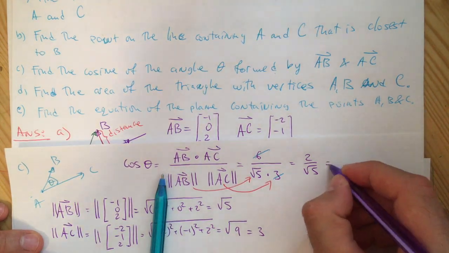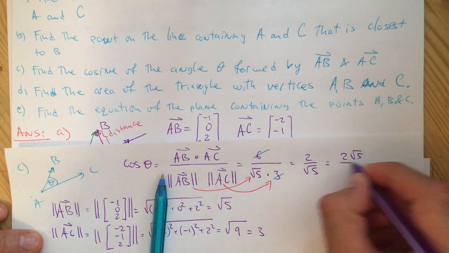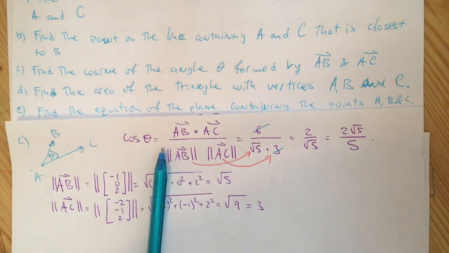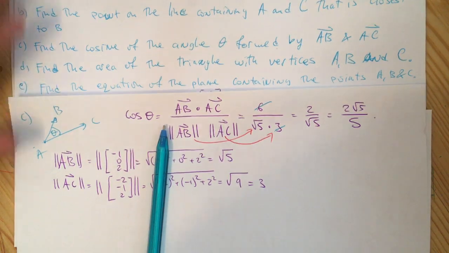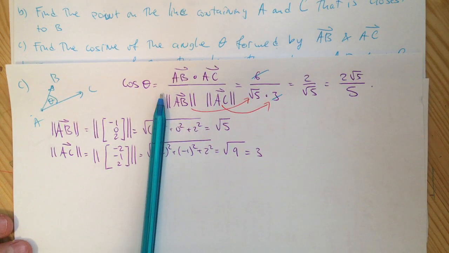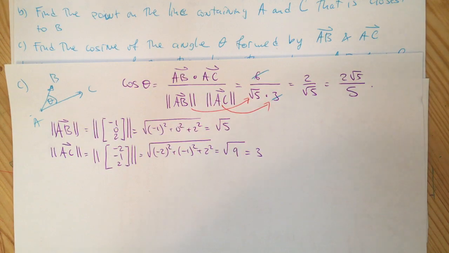If you want to rationalize this, you can write it as 2 square root of 5 over 5. That's question part C, find the cosine of the angle theta formed by these two vectors.